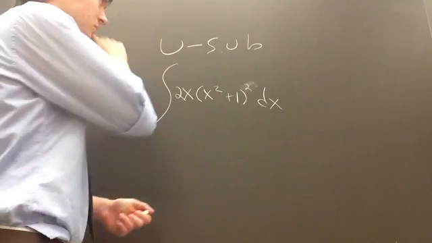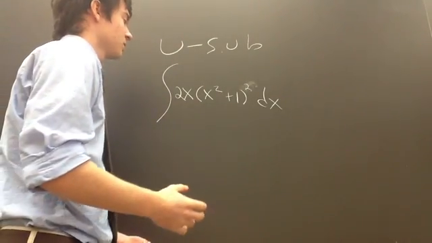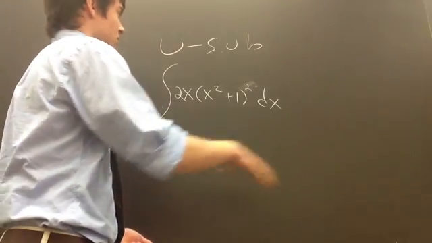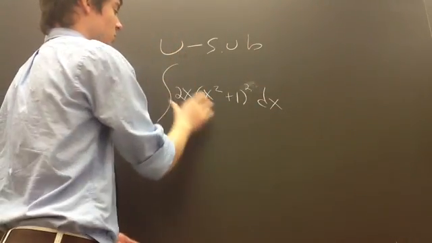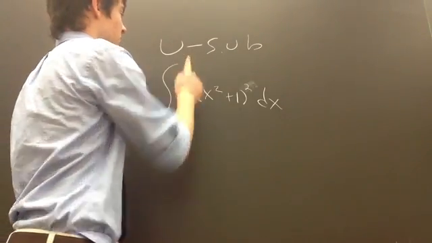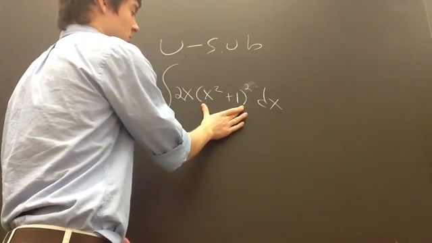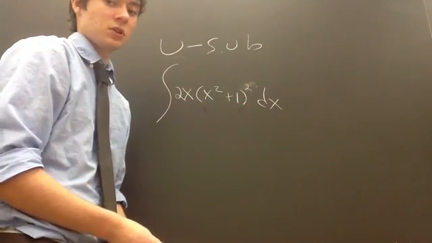Now, the process of U-substitution is essentially to sub in a new variable for a larger part of the equation so we can simplify. In this case, the variable is u. Now, the innermost function is x squared plus 1, so that's what we're going to substitute in for u.